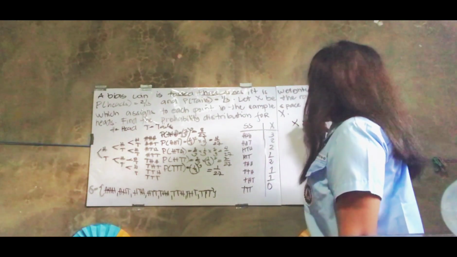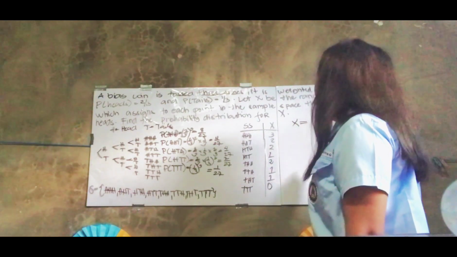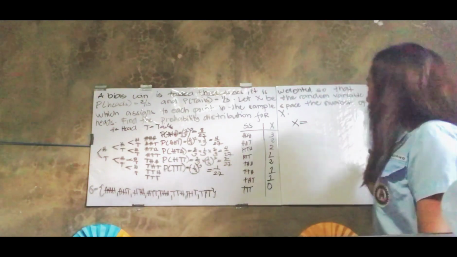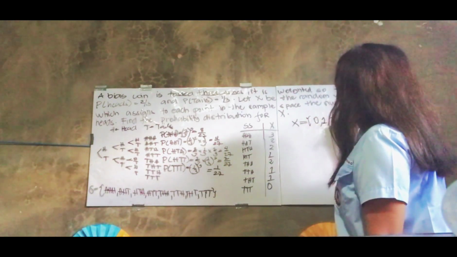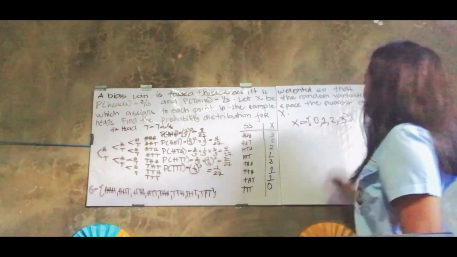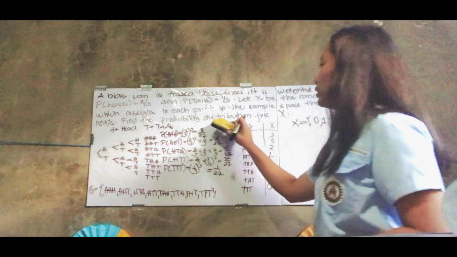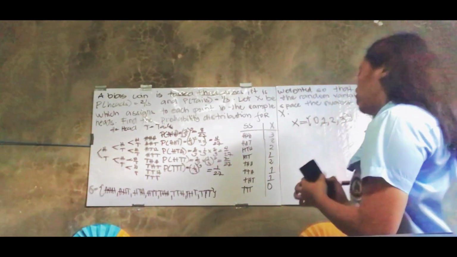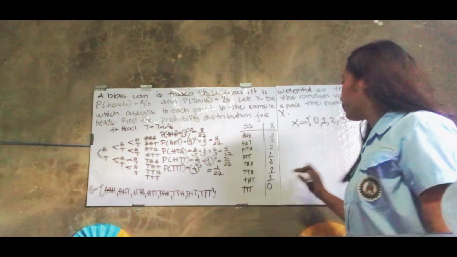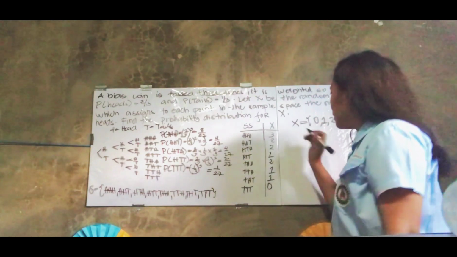So for our random variable, x is equal to 0, 1, 2, and 3. Now, find the probability distribution for x. For 0, there is only one, which is TTT.